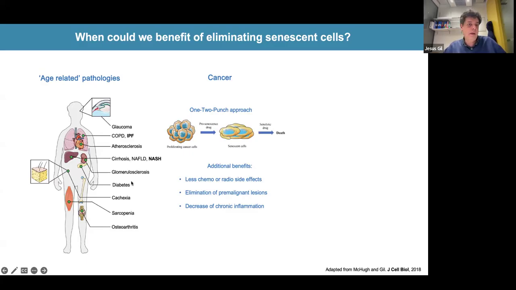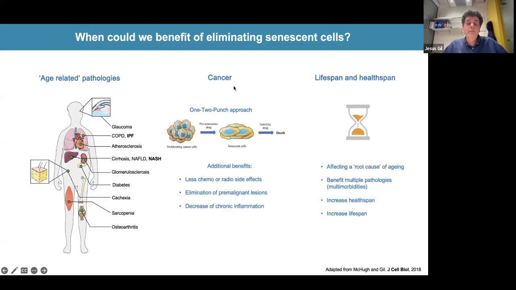And perhaps a part of the promise of senescence therapies is that they might be used to target multimorbidities. There are many of the diseases that we accumulate during aging in which senescent cells are present. If we are able to eliminate these senescent cells, we might achieve benefit not just in one of these diseases of aging, but in many of them.